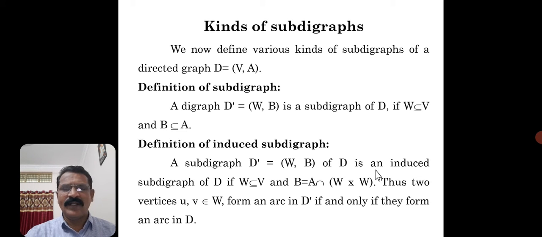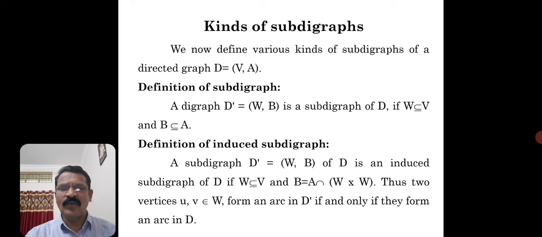In general, what I have expressed right now is in terms of set theory. But in the graph theoretic way, two vertices u, v belonging to W form an arc in D dash if and only if they form an arc in D. Very interesting.